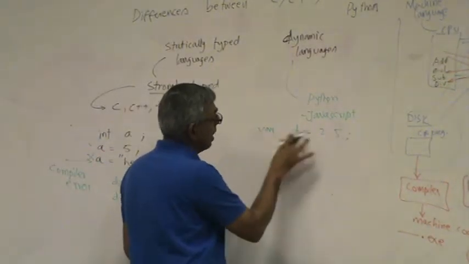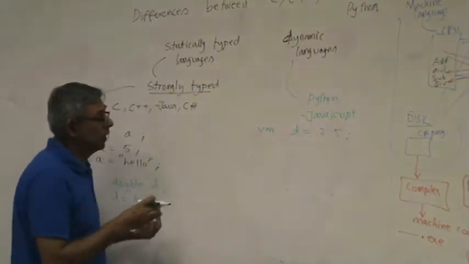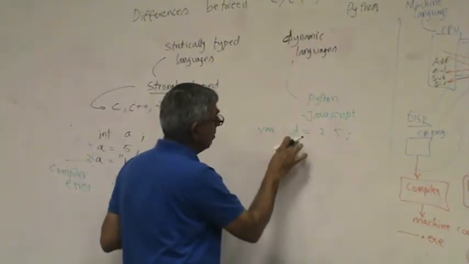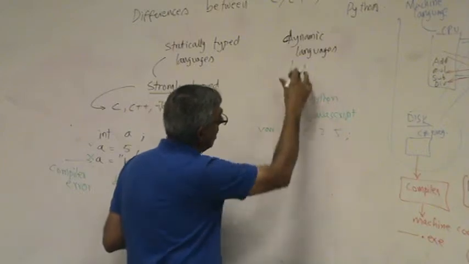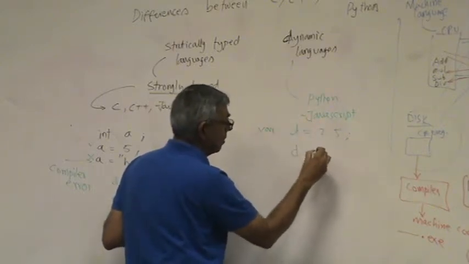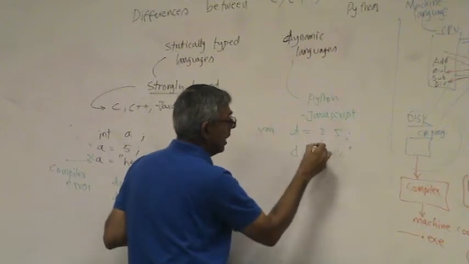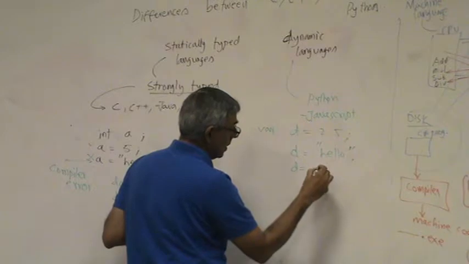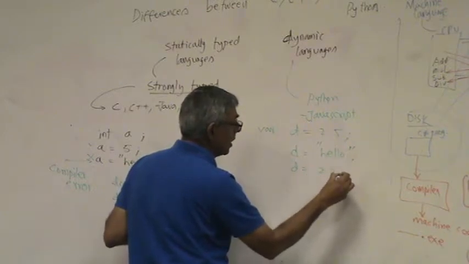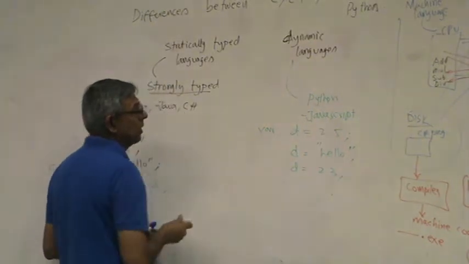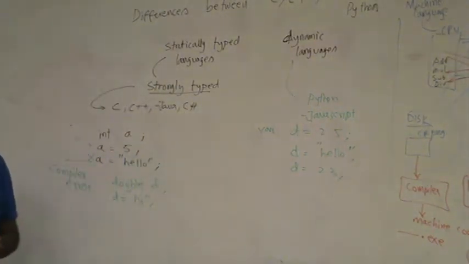For example, in JavaScript, you can declare a variable using var, right? I forgot what the Python variable declaration was, but both of them are dynamic. Anyway, you can say d equal to hello, it's perfectly okay. You can say d equal to 223, that's perfectly okay, right? So all of these are perfectly okay in dynamic languages.